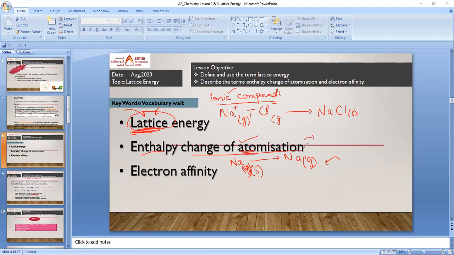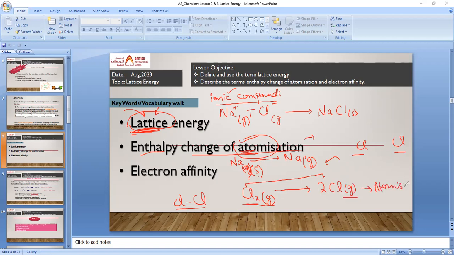Anything turning to gas form in an atomic state. Let's say we convert Cl2. Now it was a molecule, and it is in the gaseous state already. If it converts to atom form, like if we write 2Cl, it means now we have 2 Cl separately, but in Cl2 these were bonded together. So if we convert a molecule into atomic gaseous form, it is also atomization.